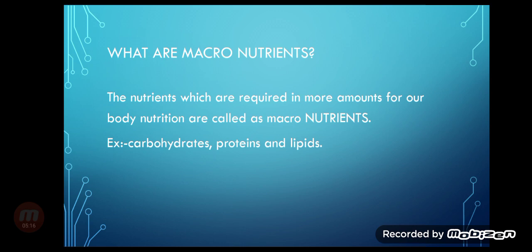So CPL. So CPL means macronutrients. Like this we have to remember so that we can prepare thoroughly for NEET. So CPL means C means carbohydrates, P means proteins and L means lipids. So these types of mnemonics or tricks should be memorized by us. It will help us to memorize these examples.